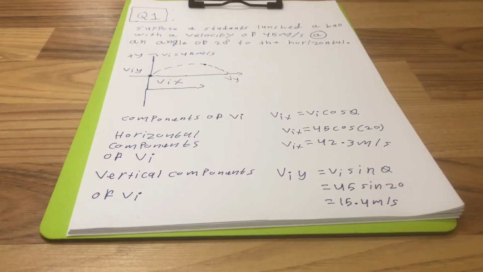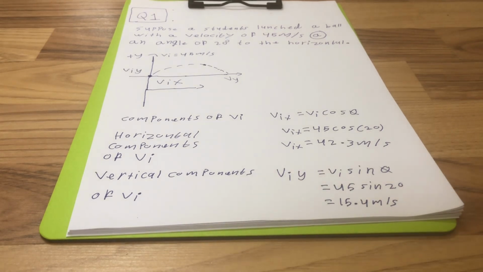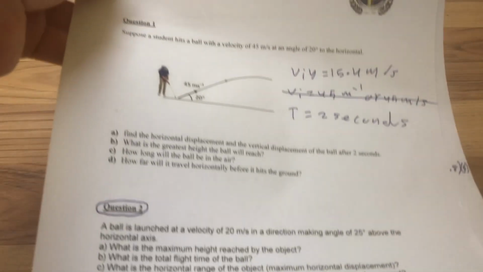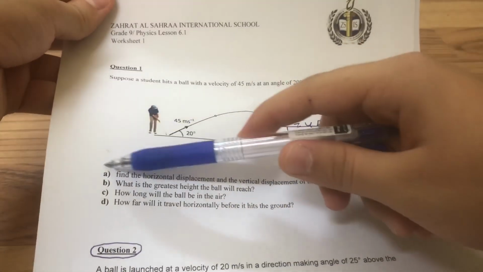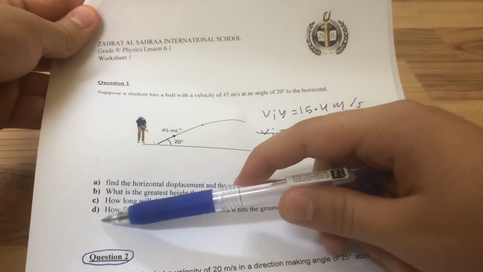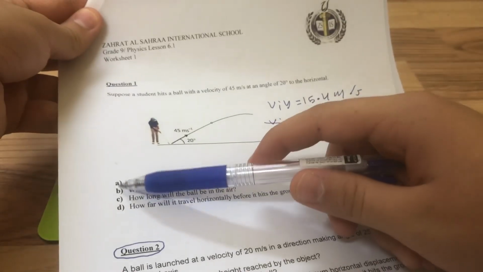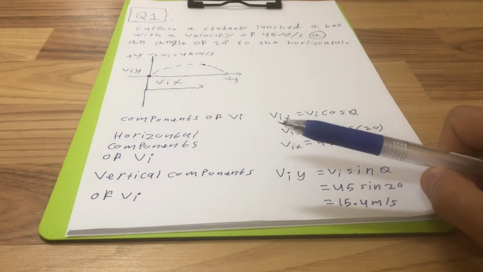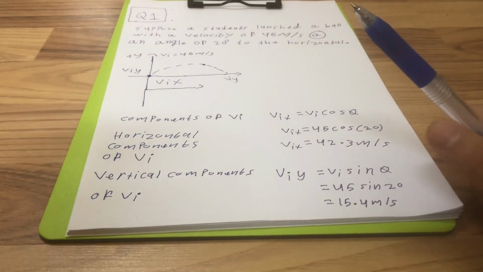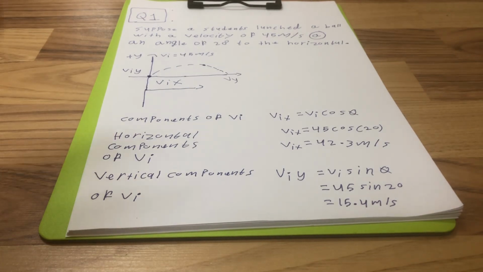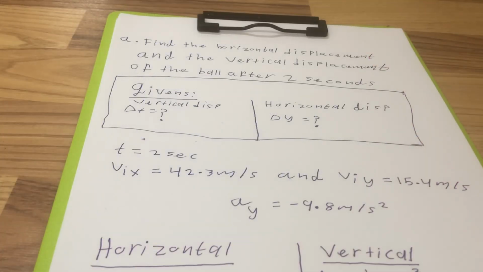Those are the givens. We didn't start answering questions yet. The questions are here. Part 1, we have A, B, C, and D. Before A, we started putting the givens to solve A. This is the first question, letter A. Find the horizontal displacement and the vertical displacement of the ball after 2 seconds.